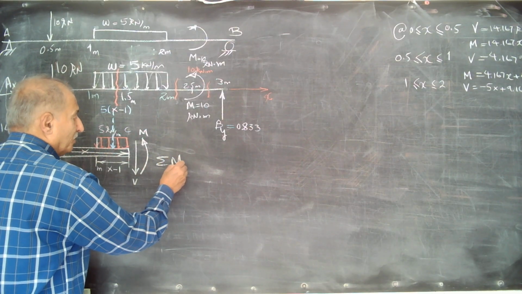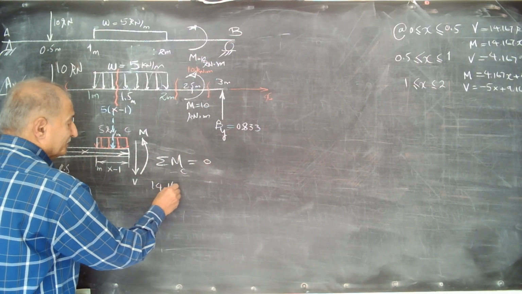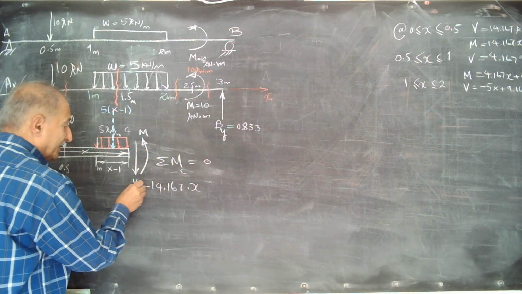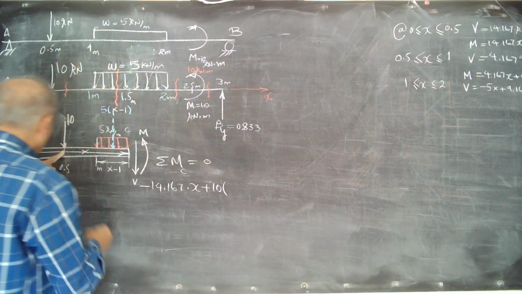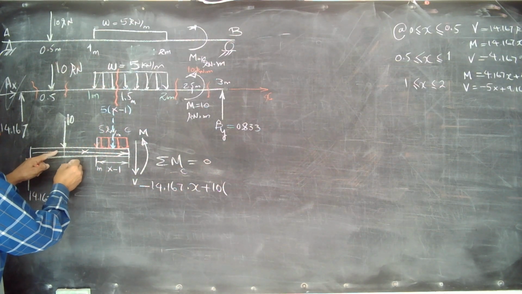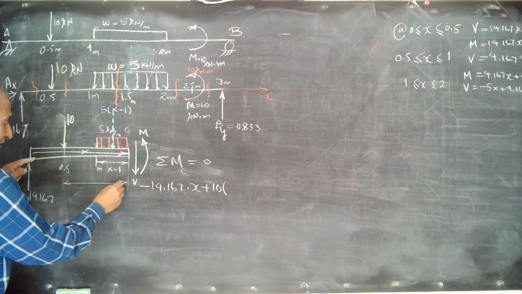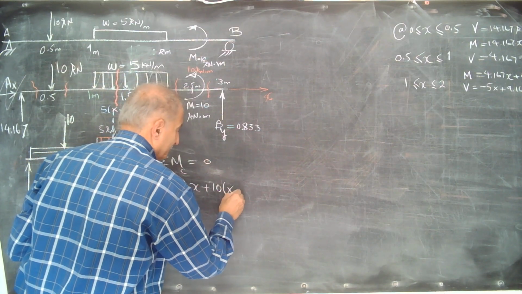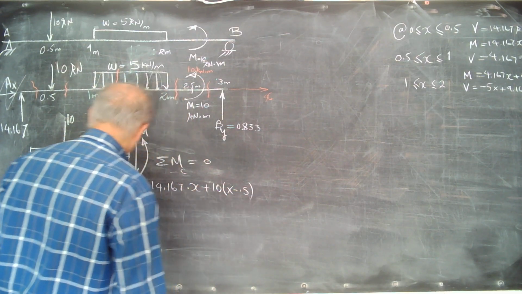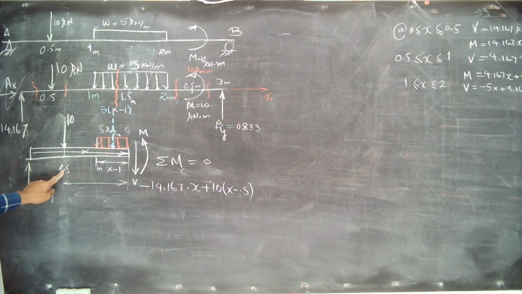Summation of moment about C is equal to 0 again. 14.167 times x, negative clockwise, plus 10 times, what's the distance? Here to here. This is x minus 0.5. That's the distance. This is 0.5. The whole length is x minus 0.5.